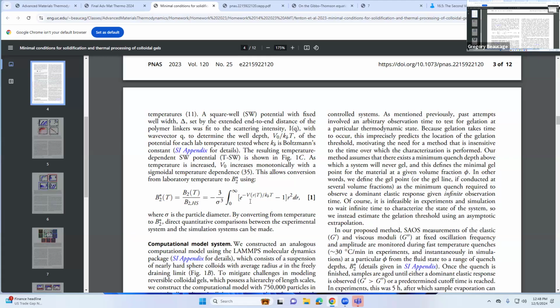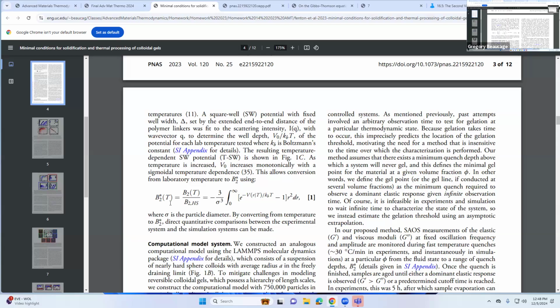So you can also get B2 directly from scattering, like I showed you at some point, where you do I by concentration. Scattering intensity is proportional to concentration. If you reduce that and plot it against Q, you find you have some structure.